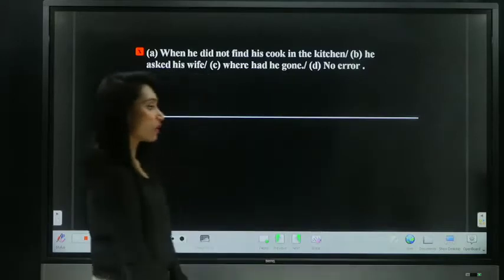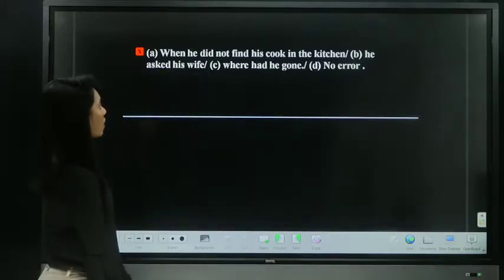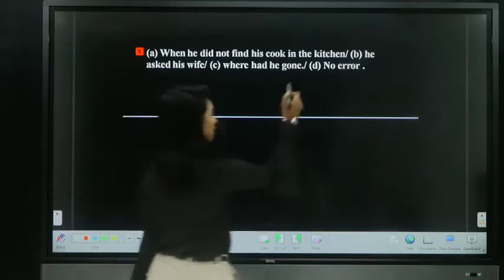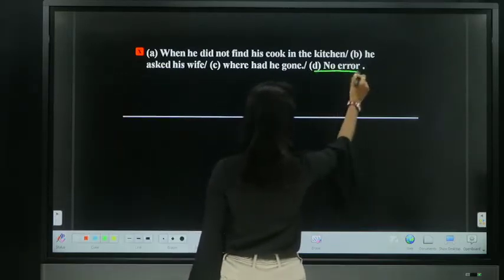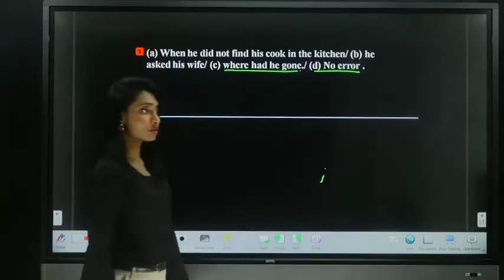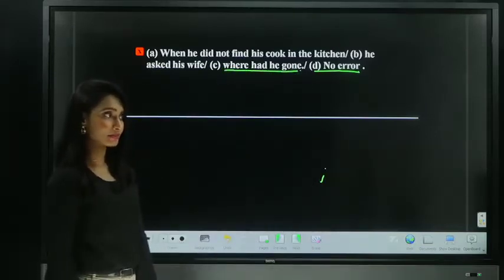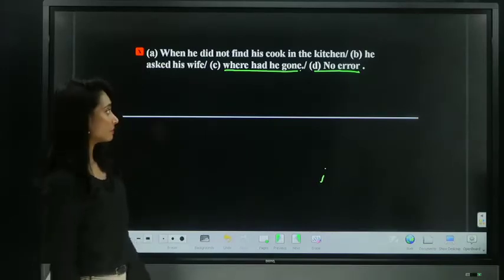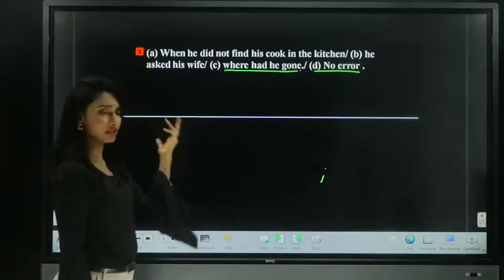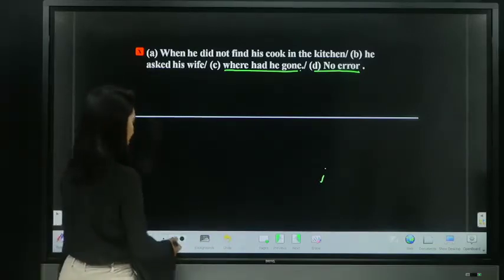Yes, so we got answers. Swapna said it is option C, and Sunny said it is option D. Option D is no error, and option C is where had he gone. So what is the correct answer? Swapna, why do you feel that option C has an error?